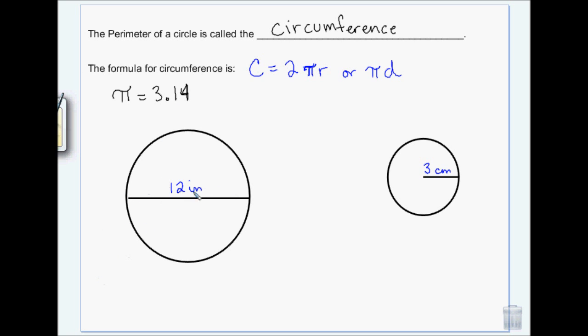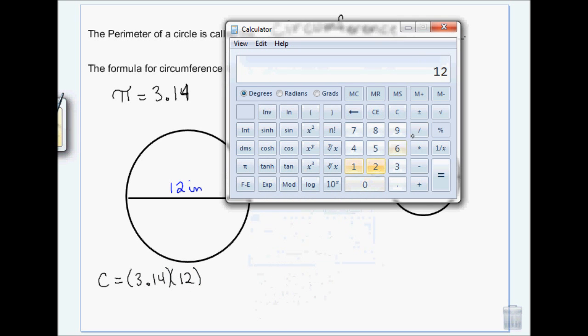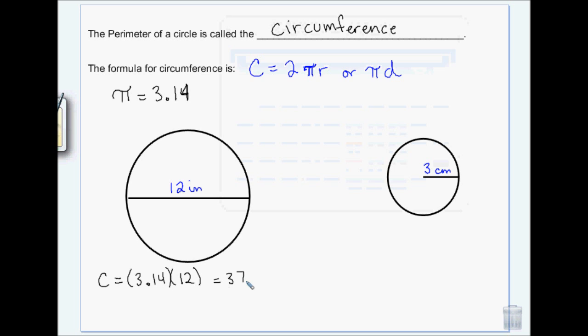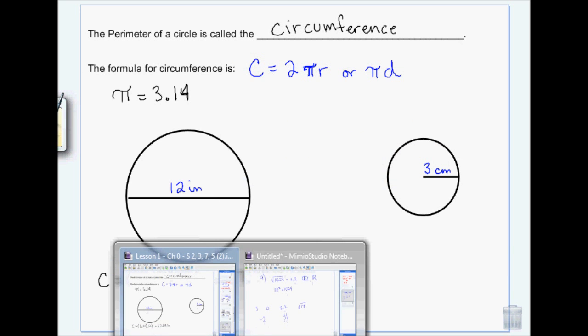So if we have the diameter, then you use pi d. So that's 3.14 times the diameter, which is 12. So it's 37.68 inches.